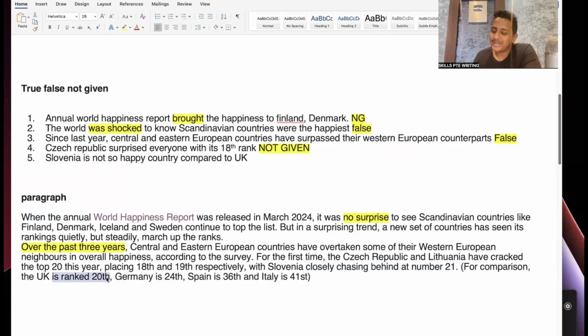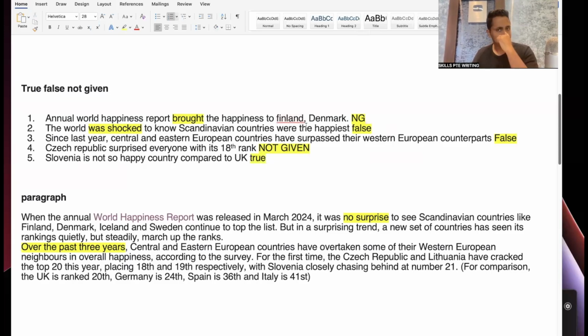UK is ranked 20. Rank 1 is happier than rank 2, rank 2 is happier than rank 3, rank 20 is happier than rank 21. Slovenia is not so happy a country compared to UK. Definitely so, because UK is at 20th place and Slovenia is at 21st place. This would be true. Why did it go false or not given?